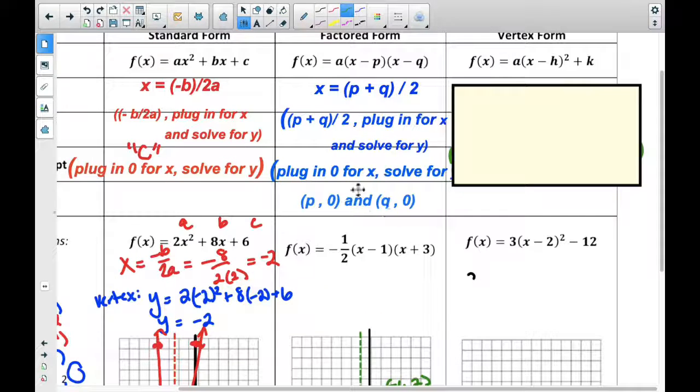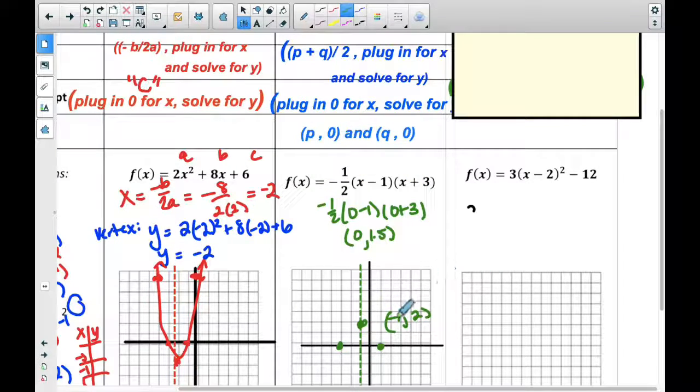So if I plug in a 0 and solve it, then I have a negative 1/2, 0 minus 1, 0 plus 3. And a negative times a negative is a positive, and so 1/2 times 1 times 3 is 1.5. And so my y-intercept is at 0, 1.5.